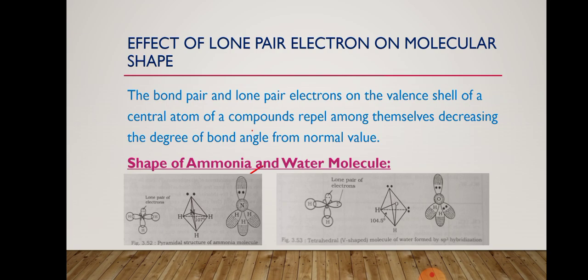Though the shape of ammonia was supposed to be tetrahedral with a bond angle of 109.5 degrees, its actual structure and bond angle are triangular pyramidal and 107 degrees respectively.